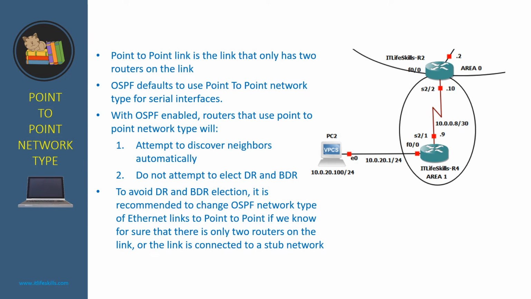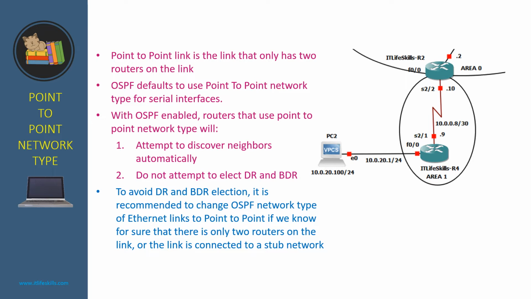As you may notice, this is a serial link, which is a point-to-point link, because a point-to-point link is a link that only has two routers on it. And OSPF defaults to the point-to-point network type for serial interfaces. With OSPF enabled, routers that use the point-to-point network type will attempt to discover neighbors automatically, but they do not attempt to elect a DR and BDR.